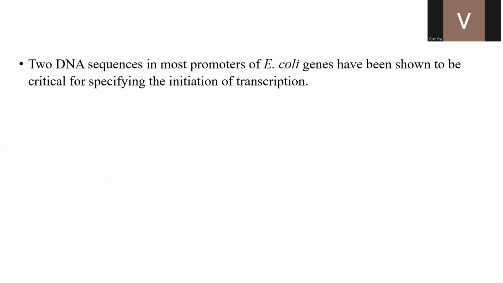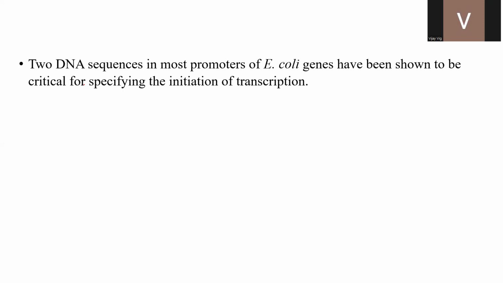There are two DNA sequences in most promoters of E. coli genes. They have been shown to be critical for specifying the initiation of transcription. So we are learning the initiation of transcription, how transcription is initiated in bacteria. With E. coli as our representative, scientists have discovered that every gene has a promoter.